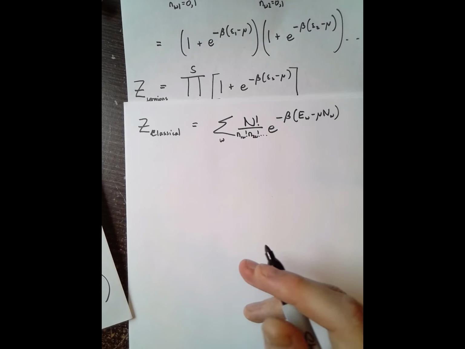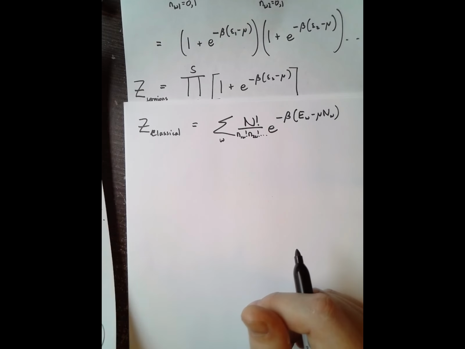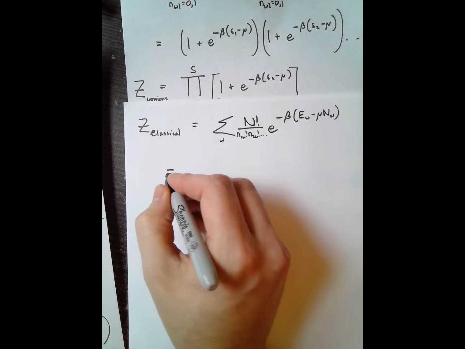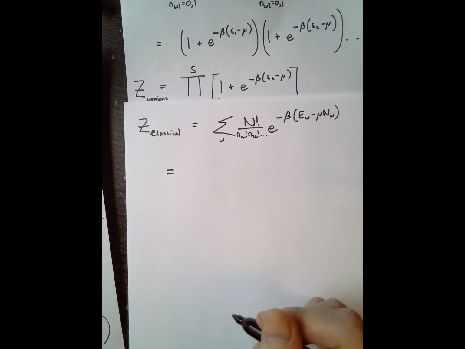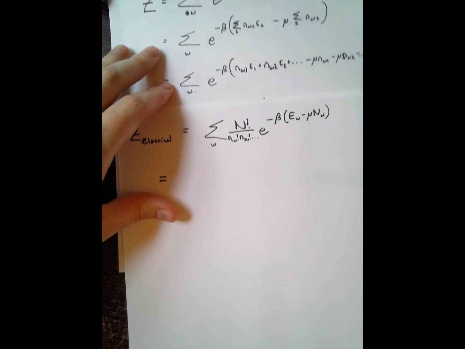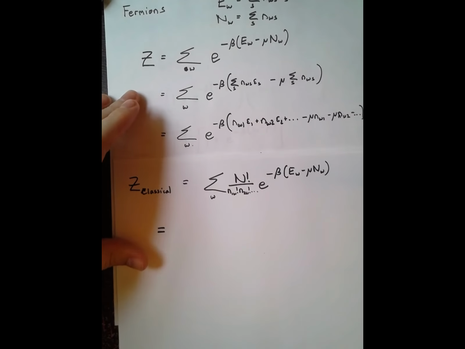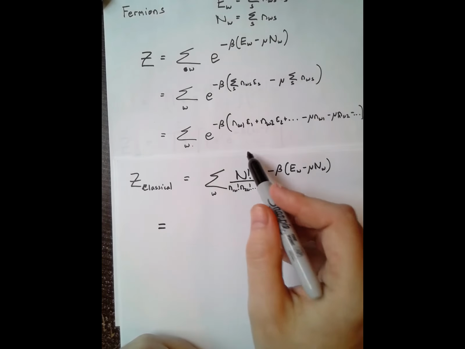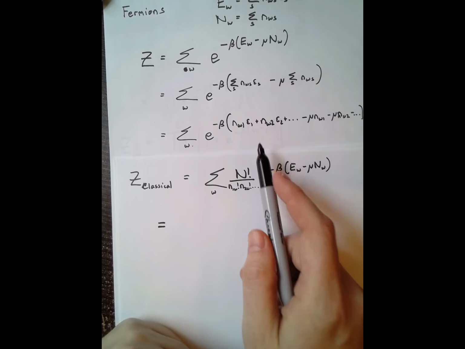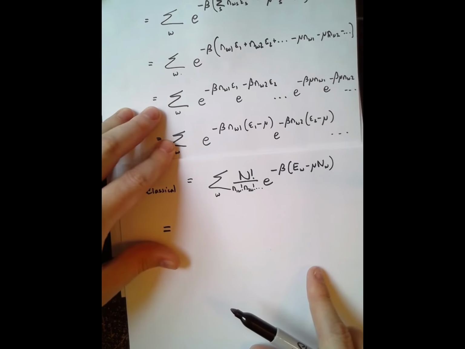The occupation rule is the same for bosons. But this does change things appreciably. So let's go back and look at some of these steps from the fermion partition function derivation, and let's jump to this step here.